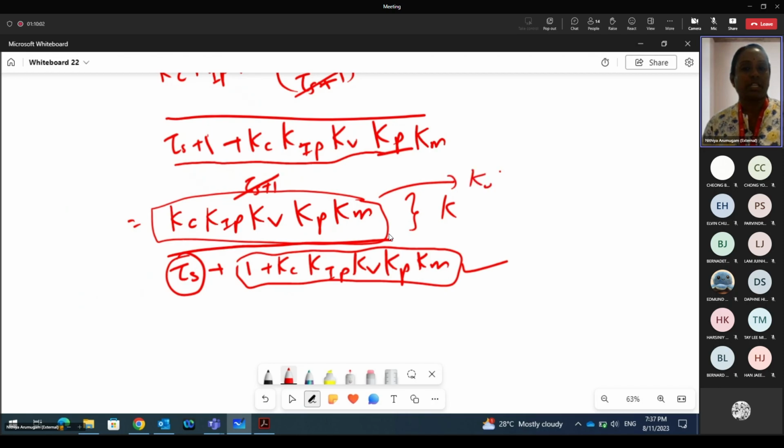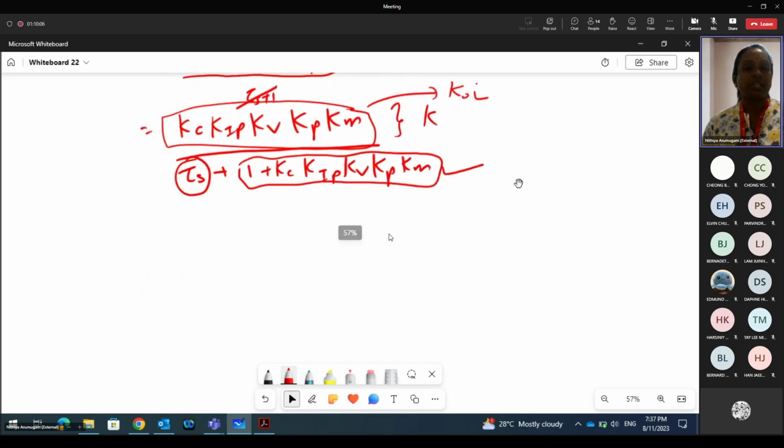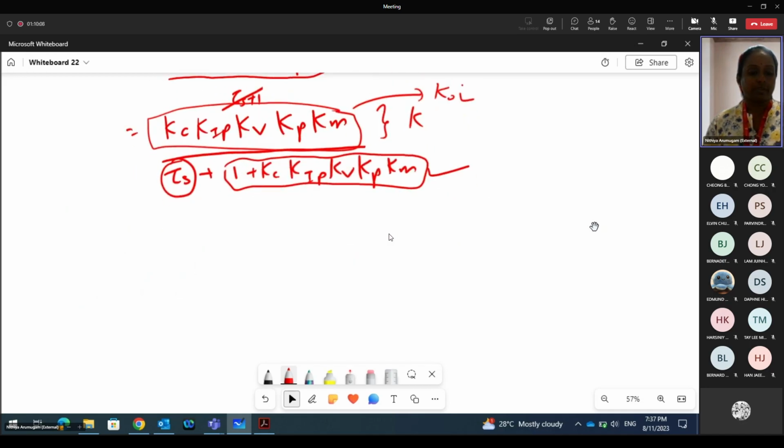So I can equate this as the gain for the open loop control system. From here, I know KOL will be KC, KIP, KV, KP, and KM for a feedback system.